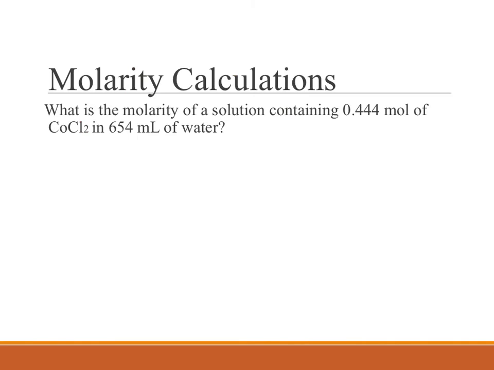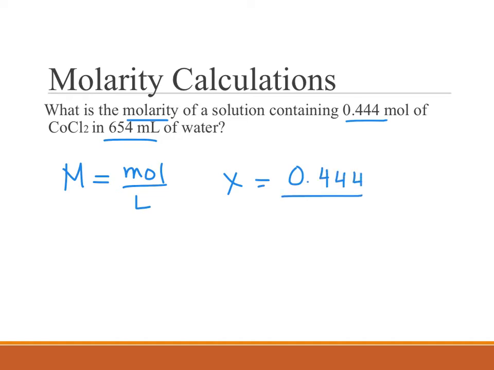So let's do some molarity calculations so that you can get familiar with this, and then you will have a chance to do them on your own. This first problem asks, what is the molarity of a solution containing 0.44 moles of cobalt chloride in 654 milliliters of water? So again, your molarity formula tells you you want to have your moles over your liters. We don't know our molarity, so that's our X. Our moles are 0.44, and the liters, again, we have to convert our milliliters to liters by moving that decimal point 3 places to the left.